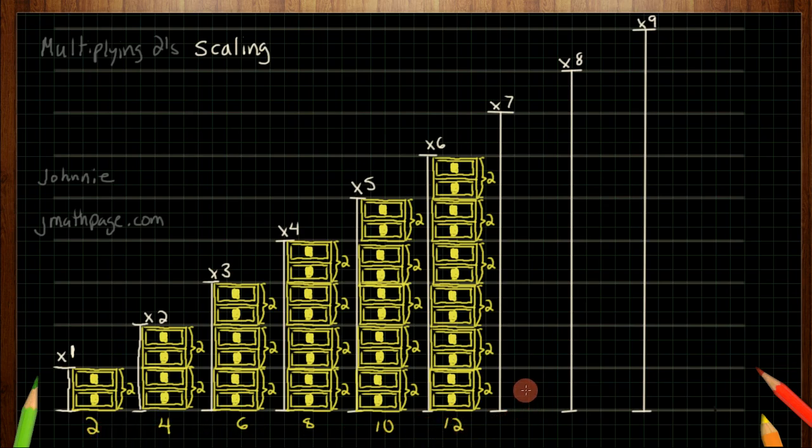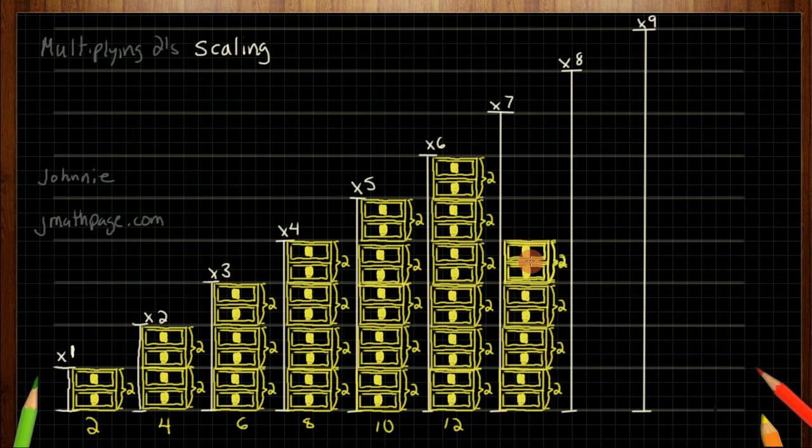Okay. And our 7 stack? 1, 2, 3, 4, 5, 6, 7 stacks of 2 boxes. How many altogether? 2, 4, 6, 8, 10, 12, 14 altogether. All right, getting taller and taller.